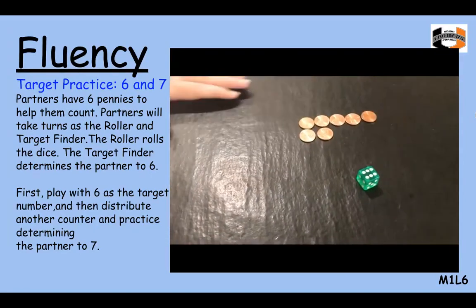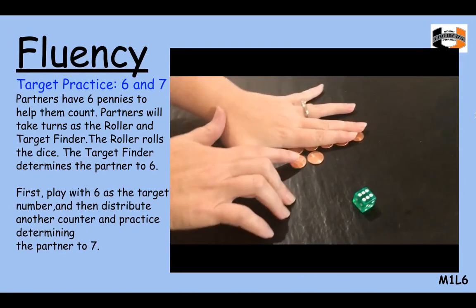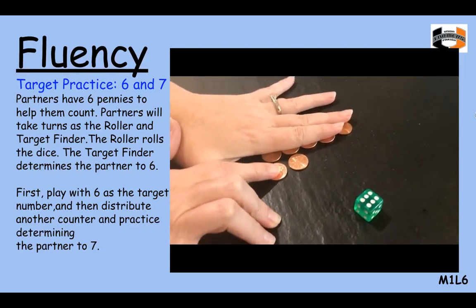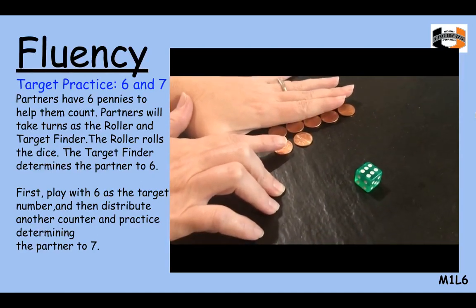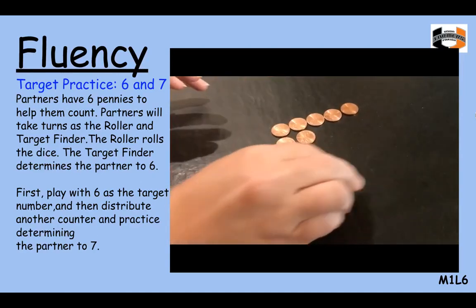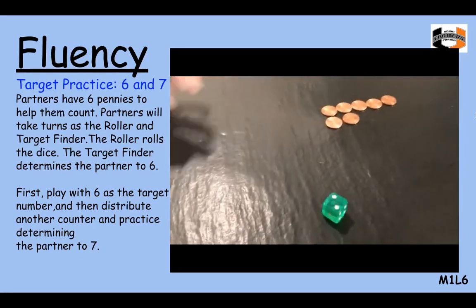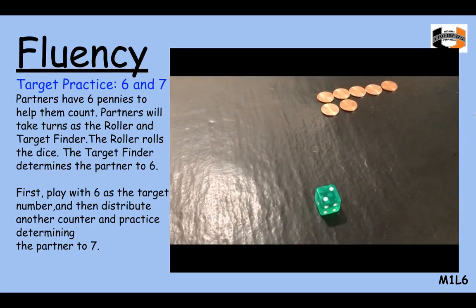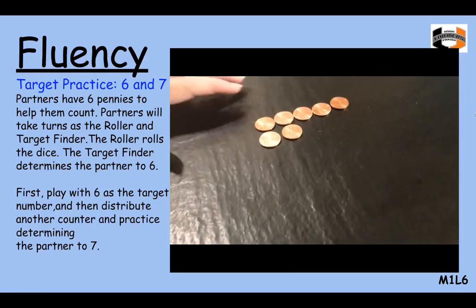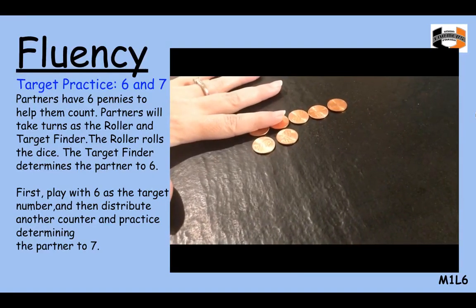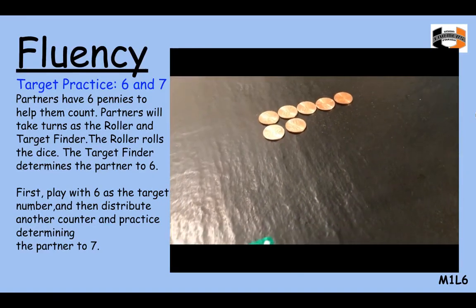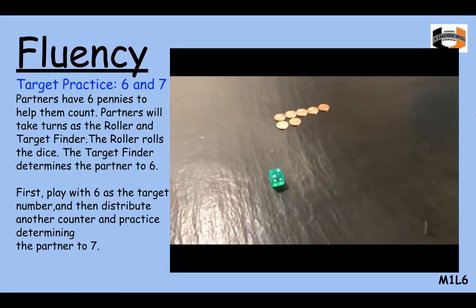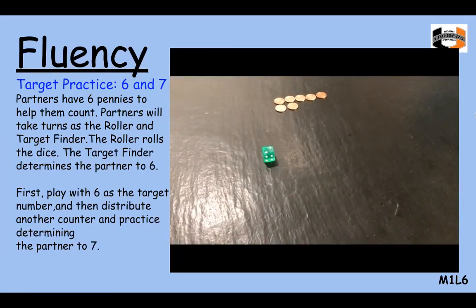Okay, how many does it take to get from 6 to 7? 1. All right, so 6 and 1 are parts of 7. I'm going to roll it. 2. How many does it take from 2 to get to 7? 5. So 2 and 5 make 7. And that's how you play Target Practice 6 and 7.